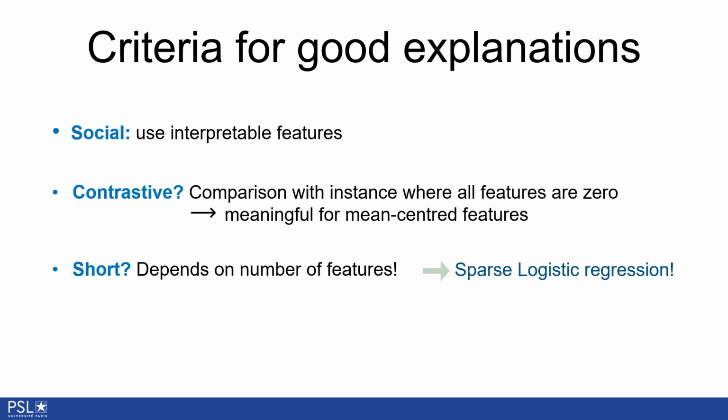Or inversely, have many features with 0 coefficients, and this is called sparse logistic regression. So the interpretability of logistic regression can be optimized by optimizing sparsity. And this can be done during training in a manner very similar to linear regression. But first, how do we train a classical logistic regression model on data?